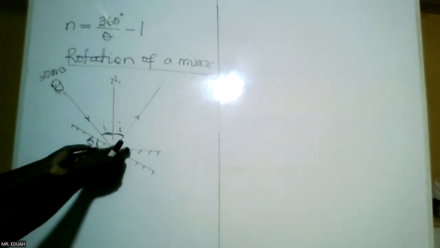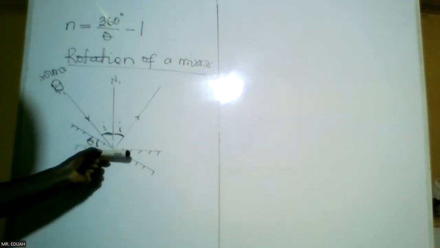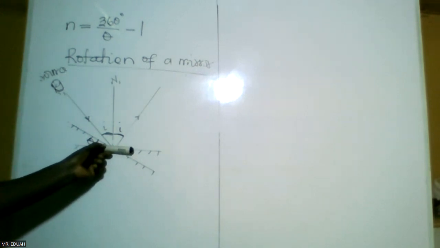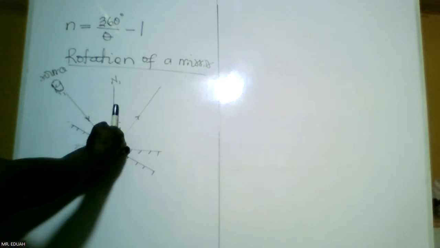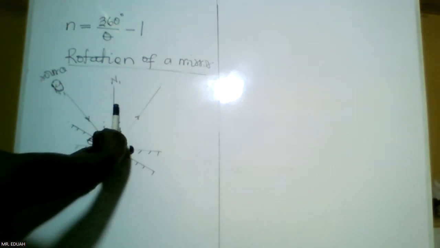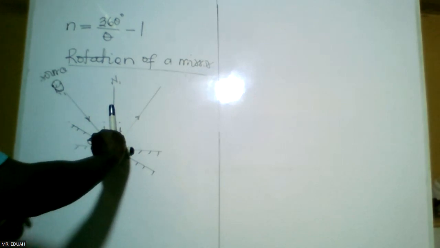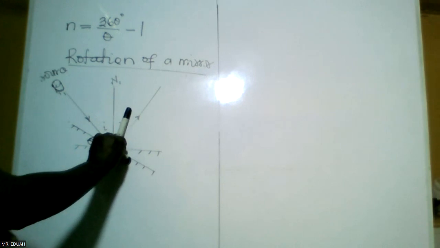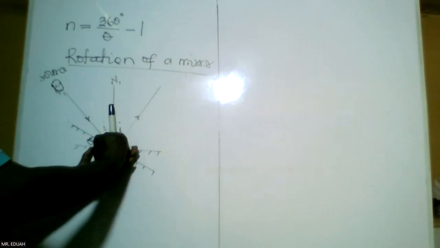This is the mirror position when it is not rotated. This is the normal to the mirror. As I rotate the mirror through an angle theta, what is happening? What do you see to be happening as I rotate the mirror?